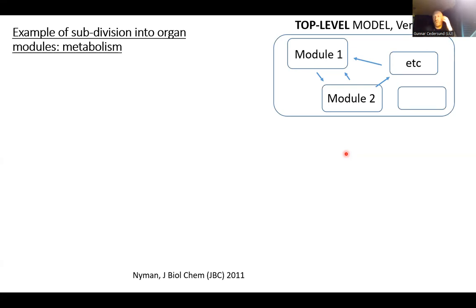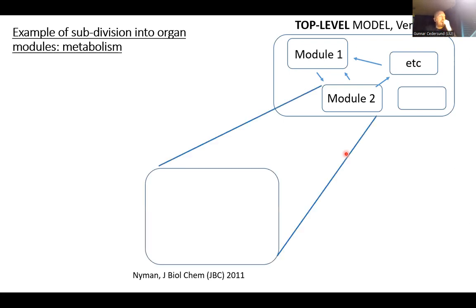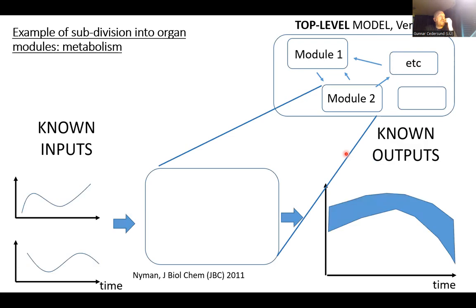And let's continue with what we sort of started already, which is the metabolic side of the digital twin. So here we have different modules which would correspond to the different organs. And you have some kind of inputs and some kind of outputs.